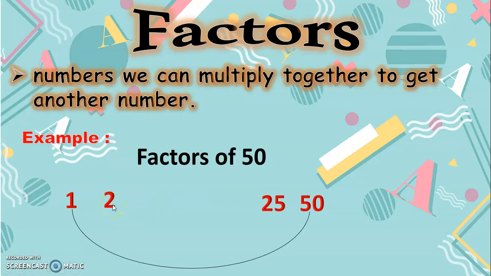So 2 times 25 is equal to 50. Next is 5 and 10. It means 5 multiplied by 10 is equal to 50. In other words, the factors of 50 are 1, 2, 5, 10, 25, and 50.